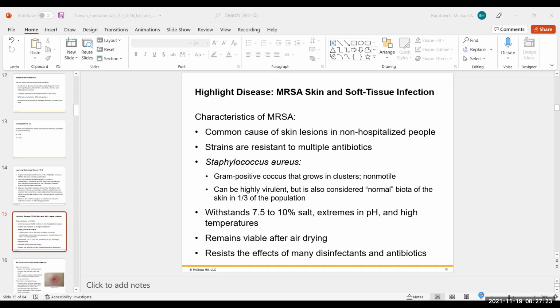This disease usually involves the extremities. This disease can progress very rapidly. It's particularly seen in those with some sort of diabetes or peripheral vascular disease. This disease can advance over hours, causing a systemic toxicity.